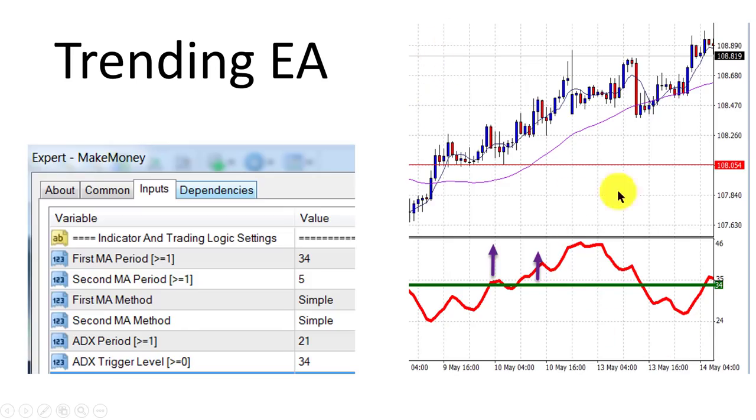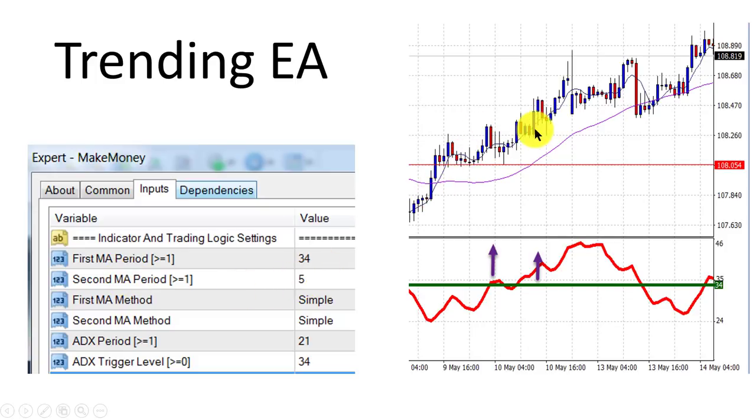So how does it confirm the trend? It uses three main indicators to confirm the trend. It has one indicator, which is a long-term indicator, and in this example, these are only examples, we say the long-term indicator is 34, and that's represented by this purple line that you see here, and that's an MA, moving average. Then we have a second one, which is a faster one, which is 5.